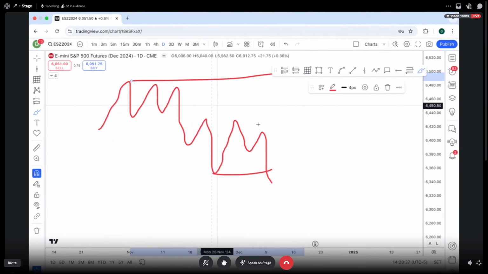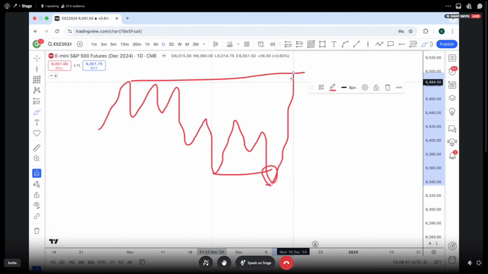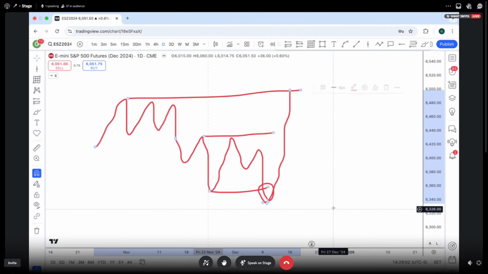I'm just requiring manipulation and then the activation of expansion to this high. So we manipulate off these lows, and I expect distribution to the highs. It's like range high from range low, but if I have liquidity past that, then I expect price to continue past that.